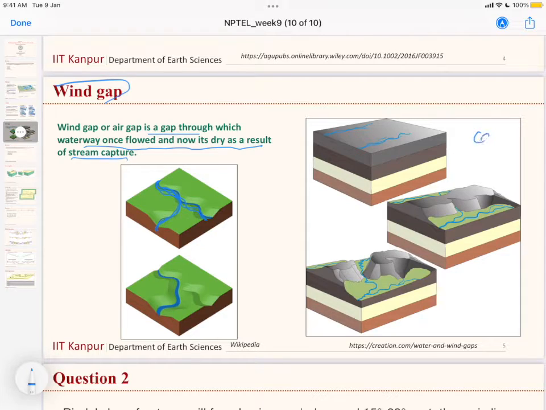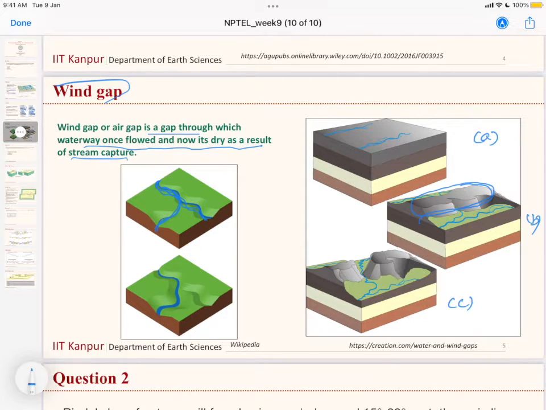This would be A, this would be B, and this would be C. In A, this is the original or earlier way the river was flowing. Now what happens is, due to some upliftment, and this upliftment might happen due to thrust faulting, due to that thrust faulting, this ridge kind of phenomenon has formed in the path of the river.